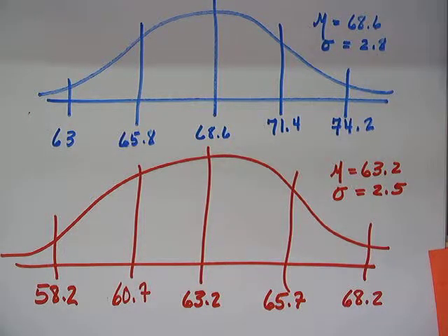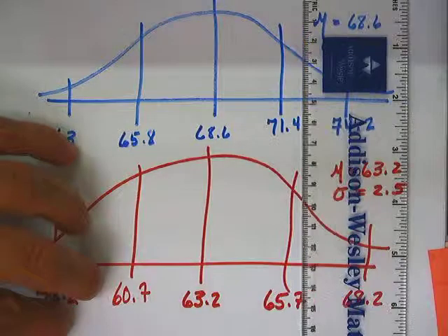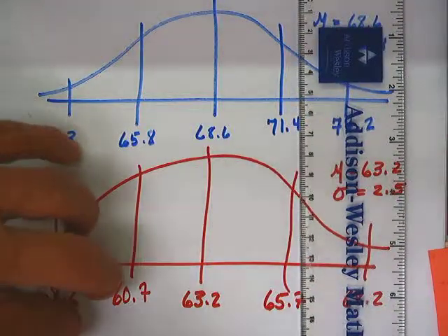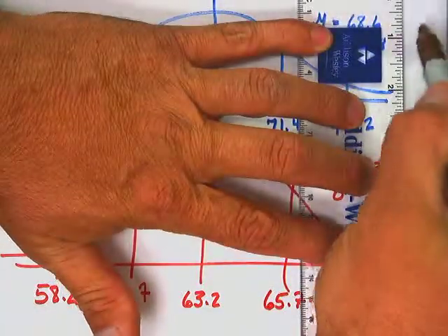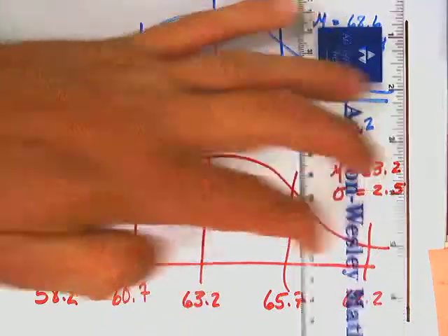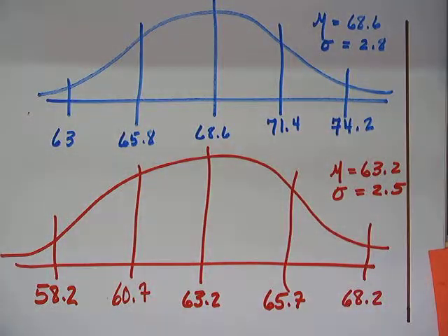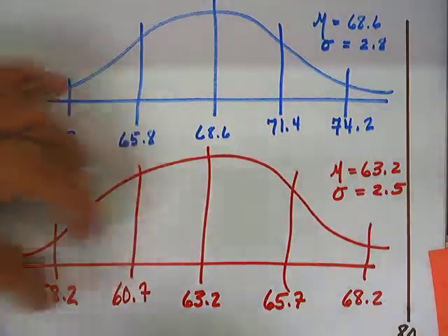I'm going to take a brown marker, and I'm going to mark the 80 that they're asking for. We're going to mark that just right over here because it's way off of 74 and it's way off of 68. So we'll mark this 80.